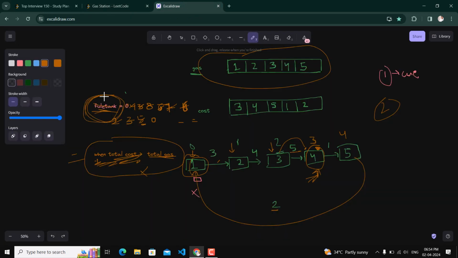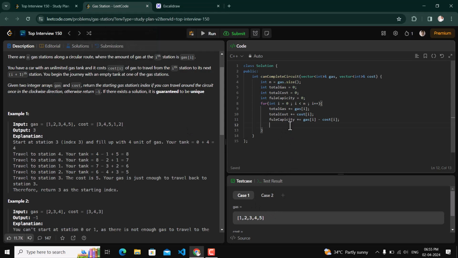Now if it goes less than 0, then our current index is not the solution, because we are not able to travel from this index to the next, so this is not our solution. So what may be the potential solution? The next index. We will start from the next index, we will not look backward. So if fuel capacity is less than 0, in that case we will start.